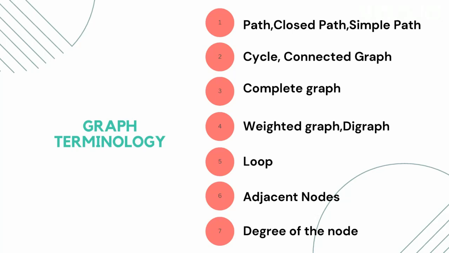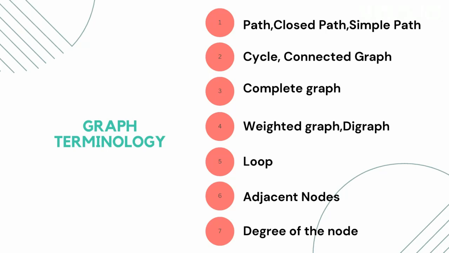And a simple path is one where all the nodes of the path are distinct, with the exception V0 equal to Vn. Then such a path P is called a closed simple path.